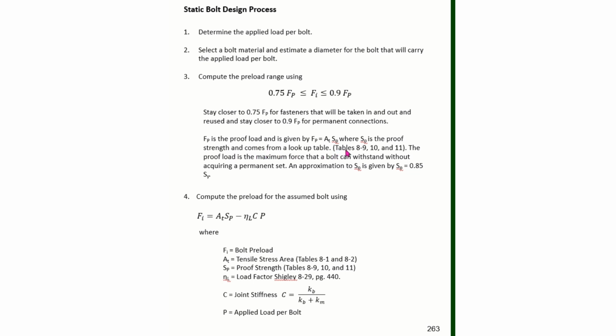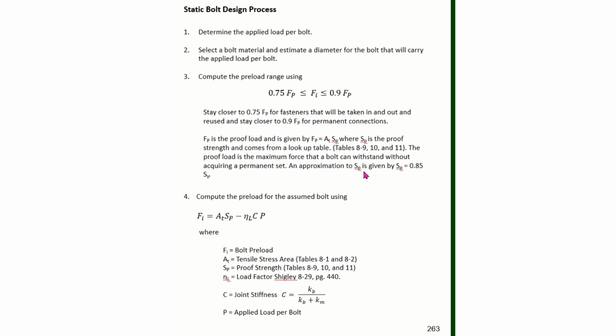And this is given in chapter 8, tables 9, 10, and 11, where you can look up values for the proof strength. The proof load is the maximum force that a bolt can withstand without acquiring a permanent set. So without any plastic deformation, the maximum load that can be applied is the proof load.